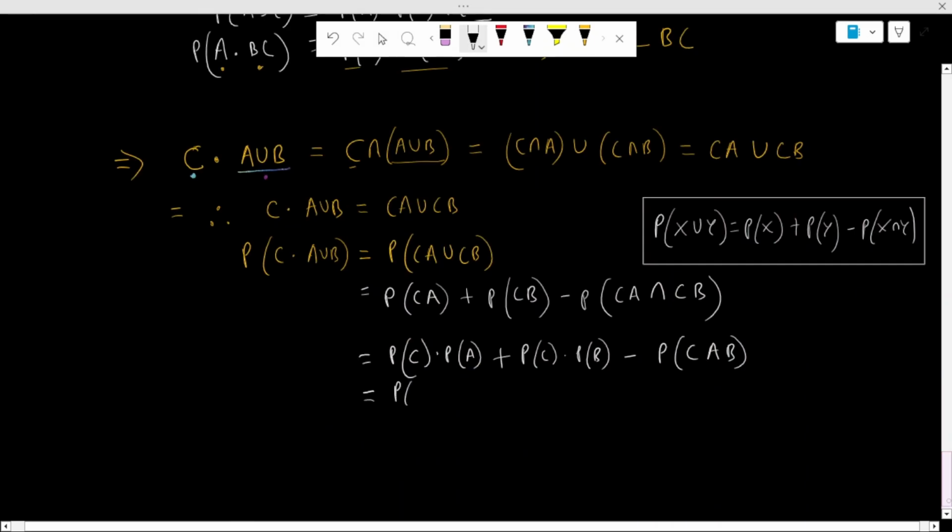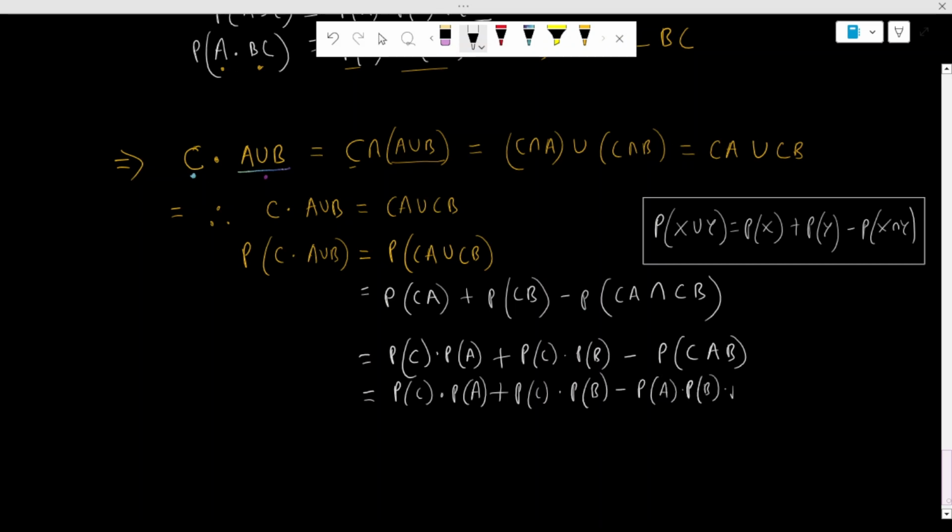So this is probability of C times probability of A plus probability of C times probability of B minus, again, because we know that A, B, C are independent, probability of A times probability of B times probability of C. We can take probability of C common.